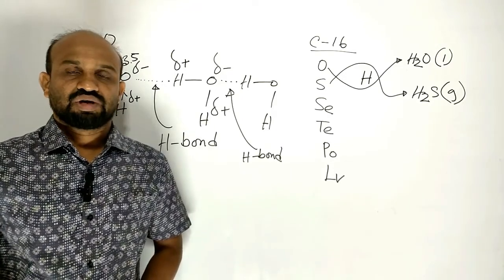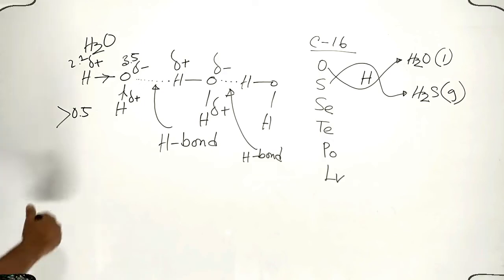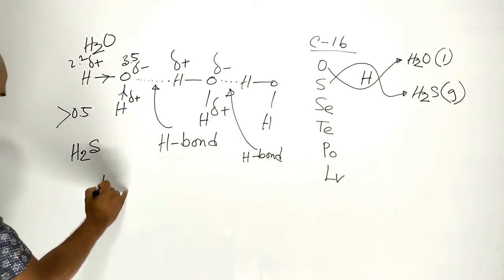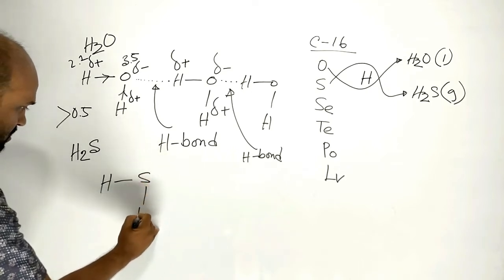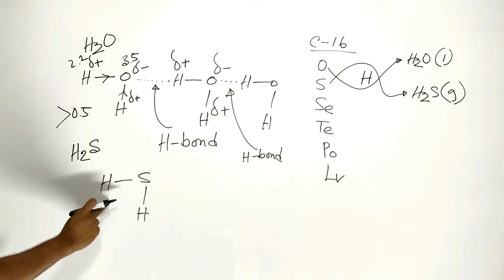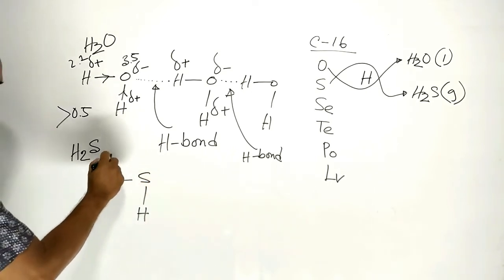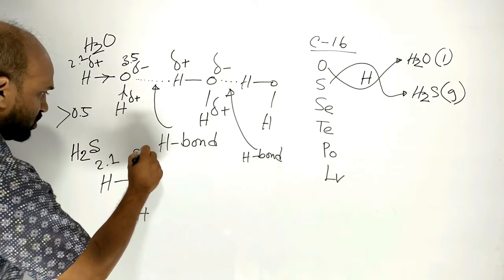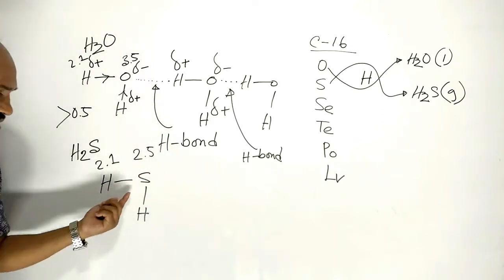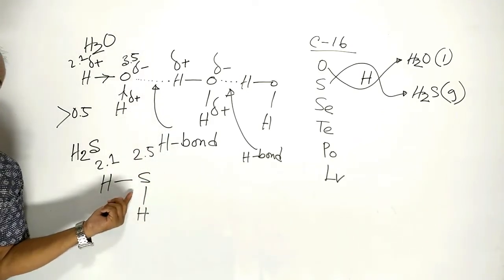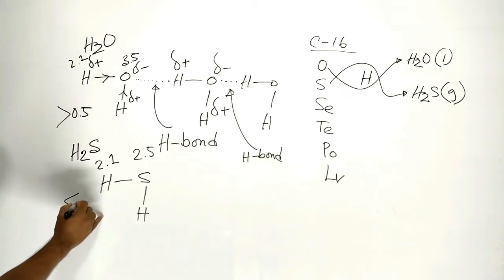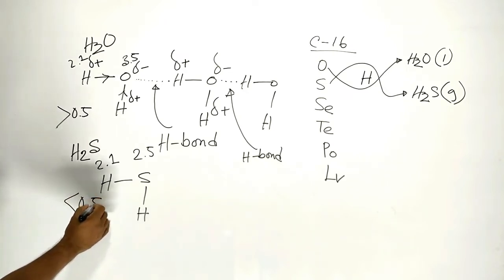Now let's see about hydrogen sulfide. Hydrogen sulfide structural formula is this. Here electronegativity of hydrogen is 2.1, electronegativity of sulfur is 2.5. In this case, electronegativity difference is low, which is less than 0.5.